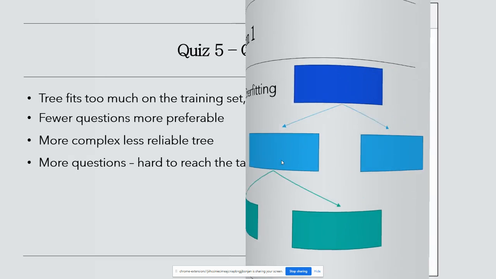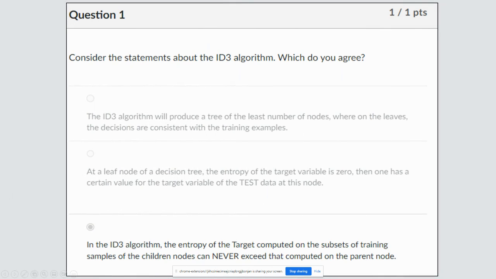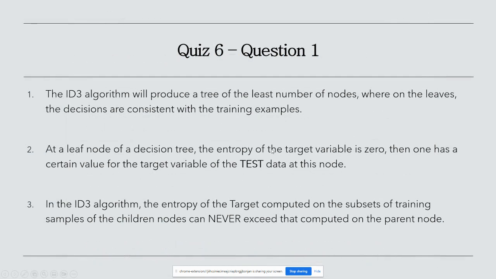The second question is from quiz 6. Consider the statements about the ID3 algorithm. Which do you agree? The first option is that the ID3 algorithm will produce a tree of the least number of nodes where all leaf decisions are consistent with the training examples.